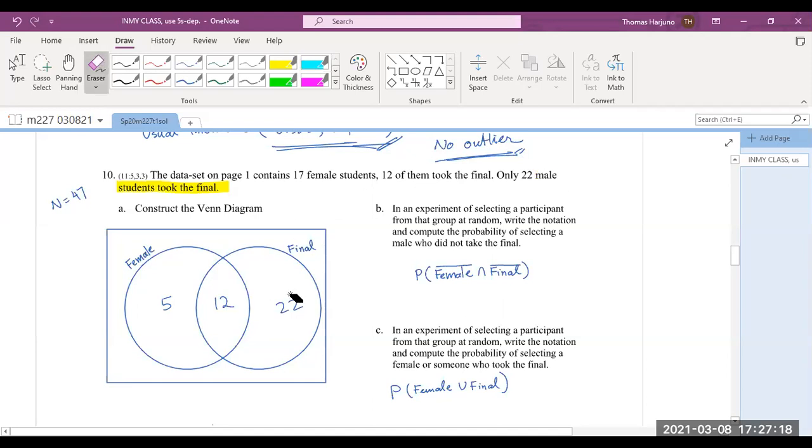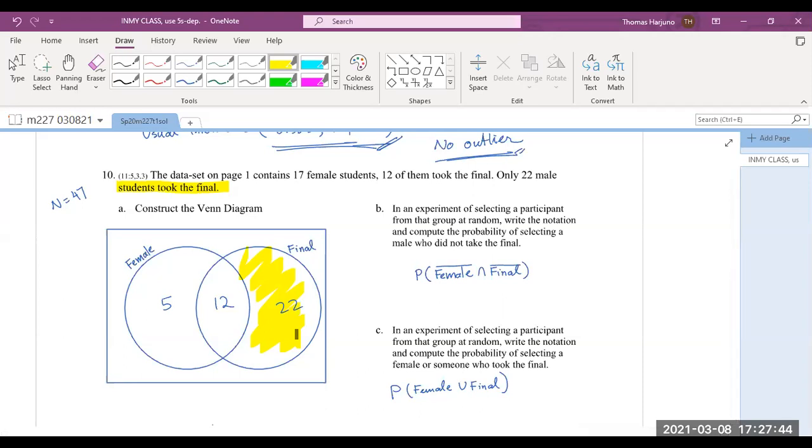The number of people taking final, we don't know. The number of females taking final is 12. The number of male students who took final is 22. You see this position, the position of this region here is inside final, but outside of female.